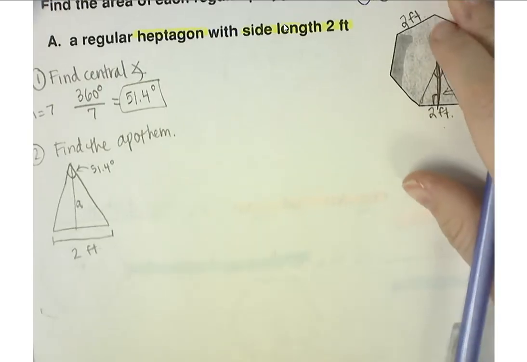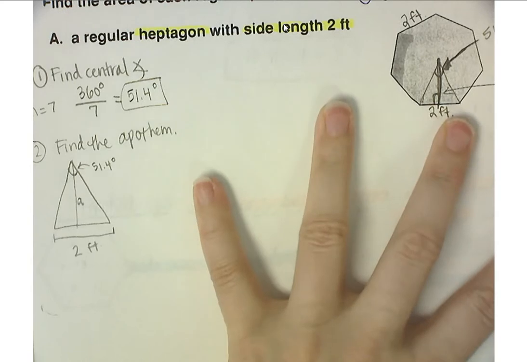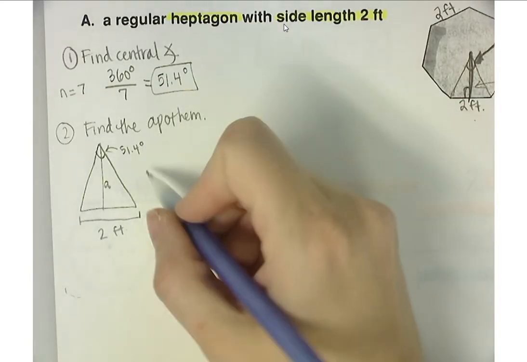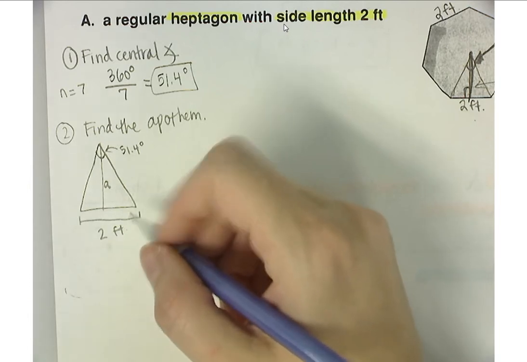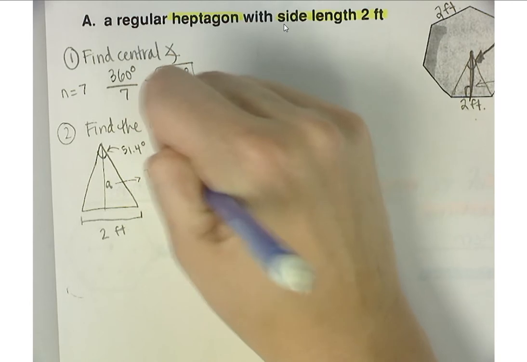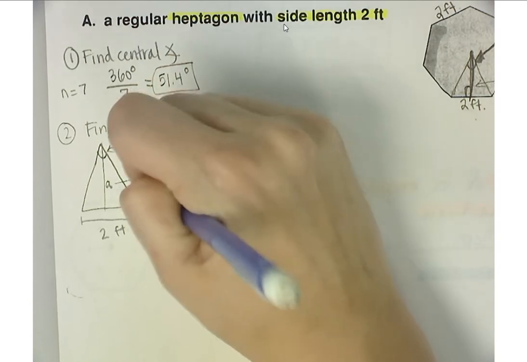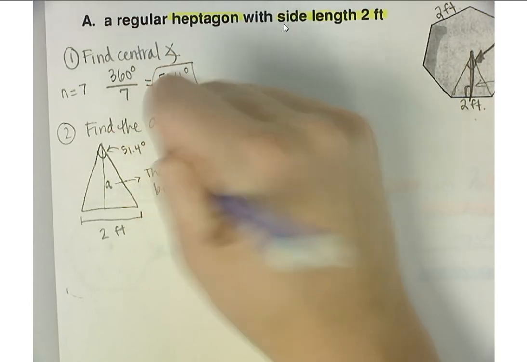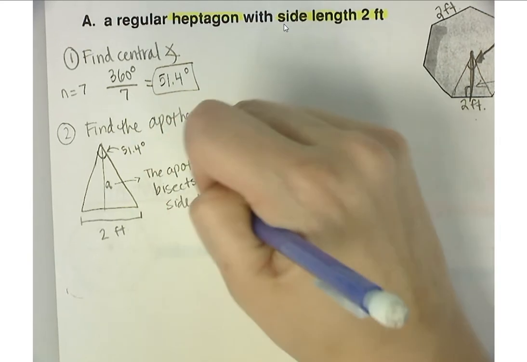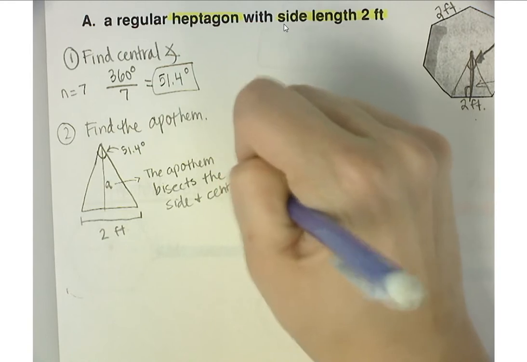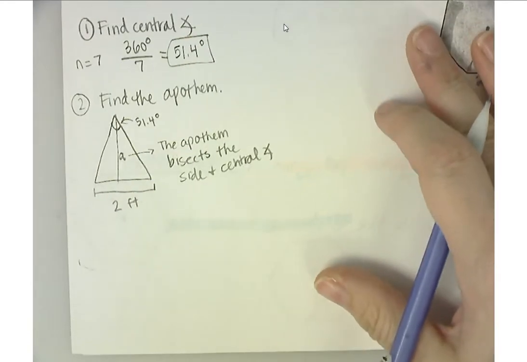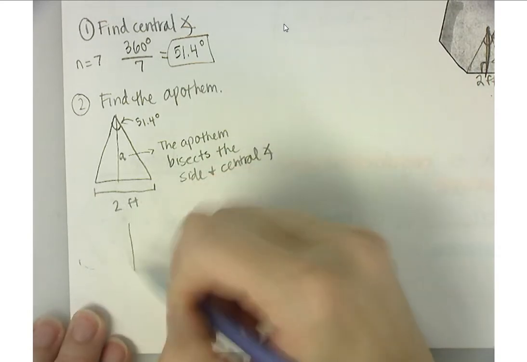So what we're trying to find is the A. What the apothem does is it bisects the side and the central angle. Then what I usually do is I just draw half of this triangle.